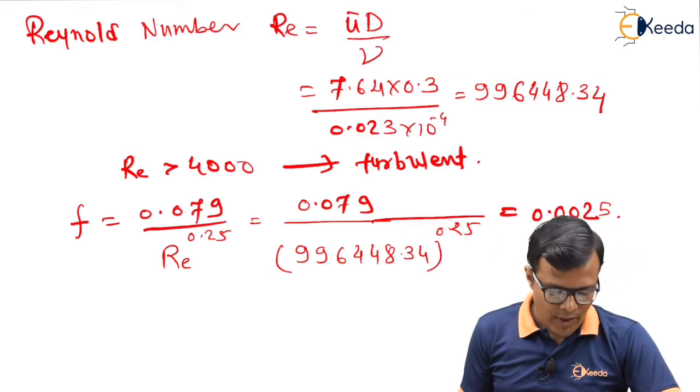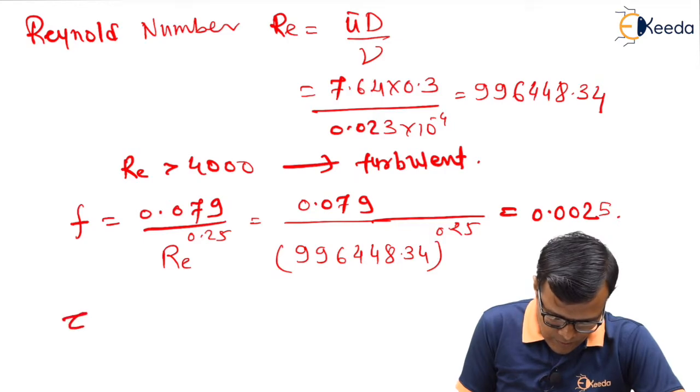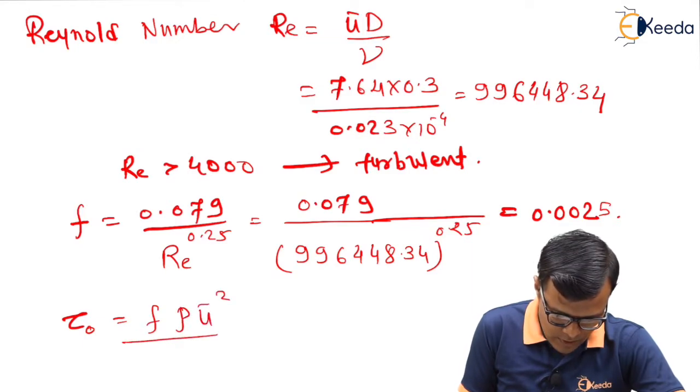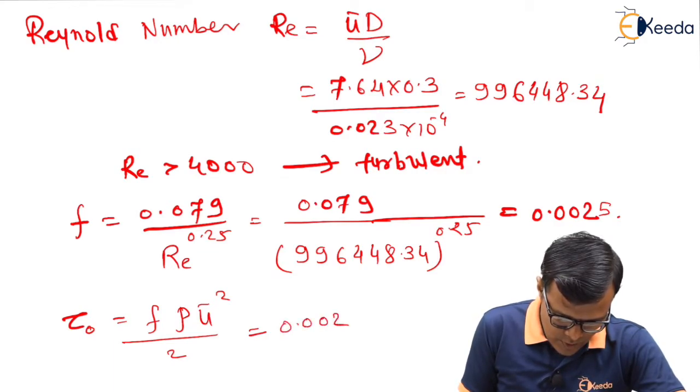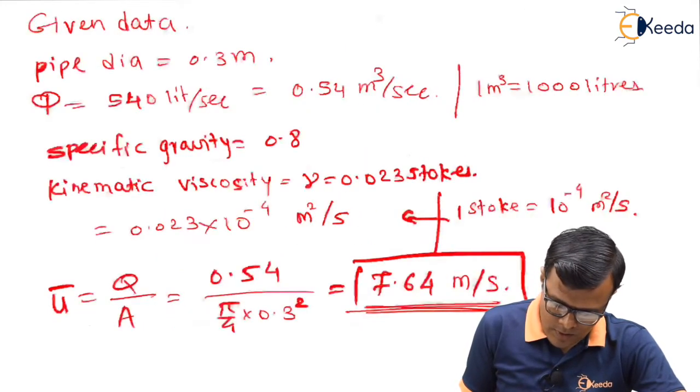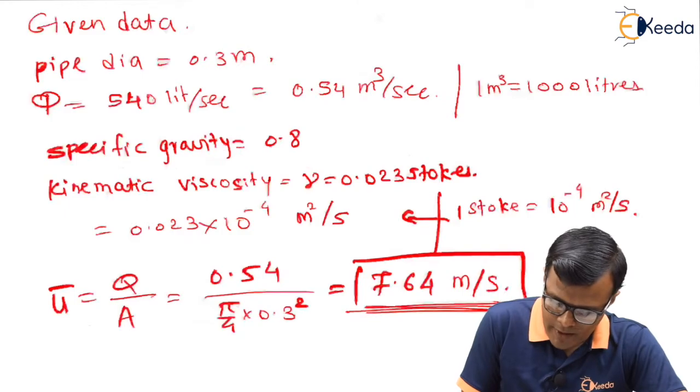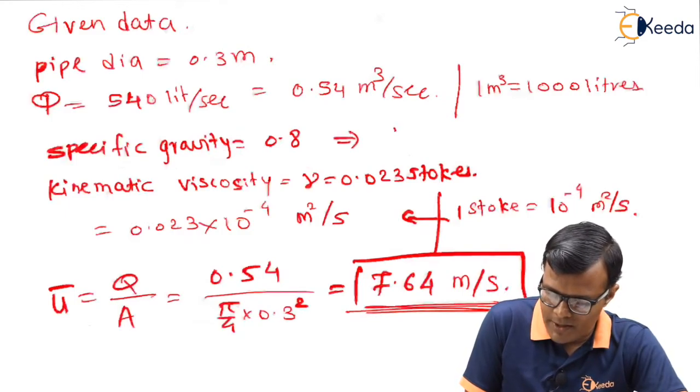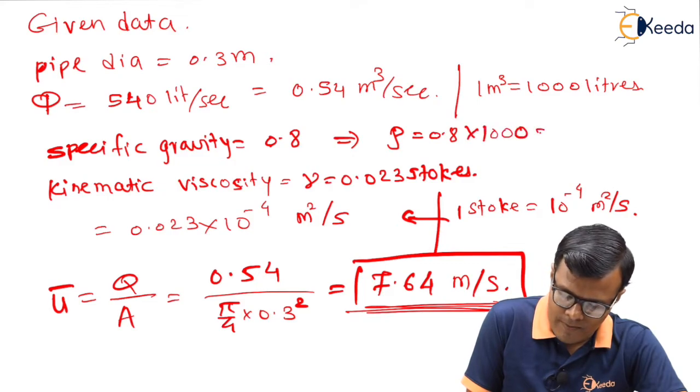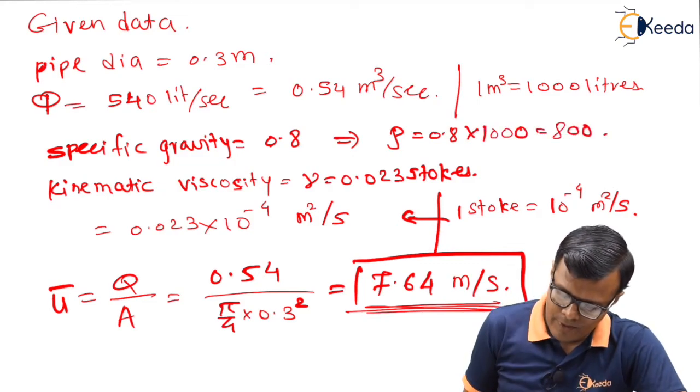Now we can find the value of tau node as f rho u bar square upon 2. So 0.0025, rho is, here the specific gravity is 0.8, which means rho is 0.8 into 1000, that is 800.